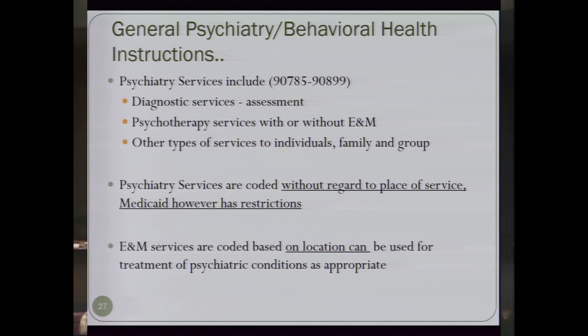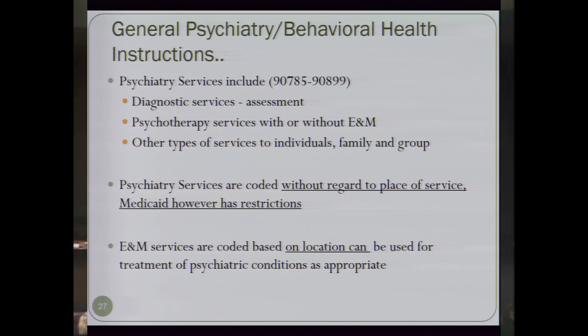And I'll give you an example. All the codes we're talking about today are office-based codes. If you went to an assisted living location for outreach, you could not use the codes we're talking about today in that place of service. If all you were doing in that assisted living place was psychotherapy codes or diagnostic assessment, those codes can be used anywhere.